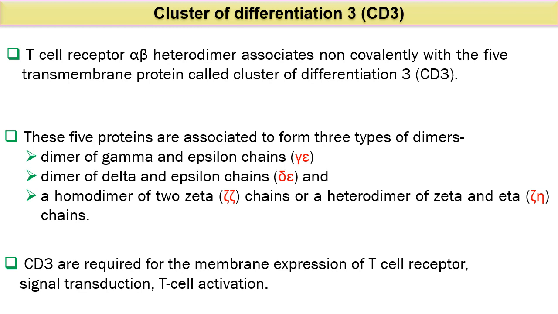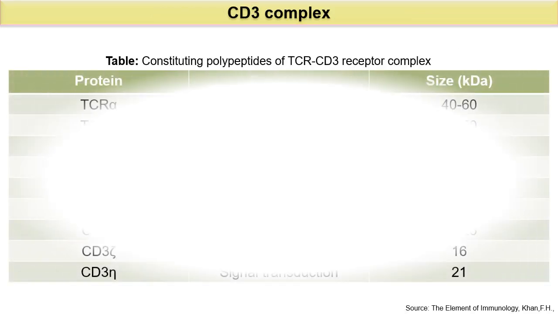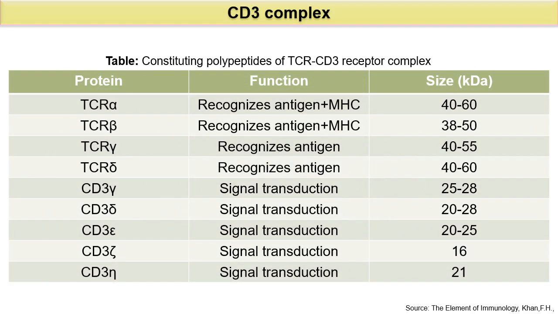Let us have a look at the constituent polypeptides of the CD3 complex. Here, the proteins TCR alpha and TCR beta recognize antigen plus MHC, and the size of TCR alpha is 40 to 60 kilodalton and the size of TCR beta is 38 to 50 kilodalton. TCR gamma and delta recognize antigen.